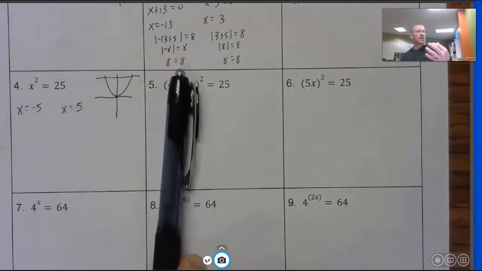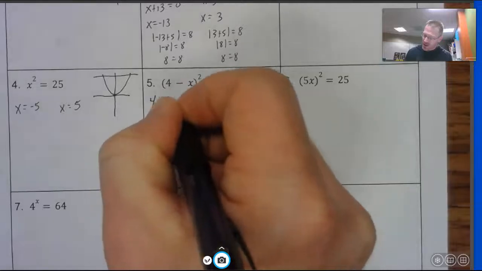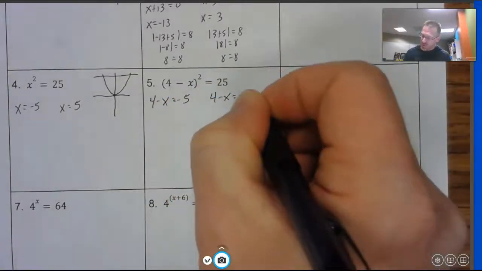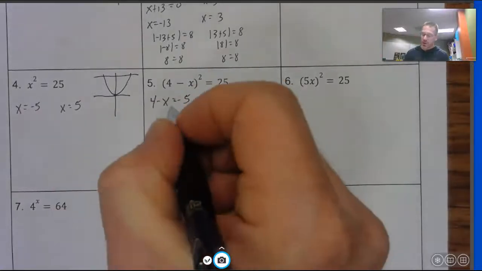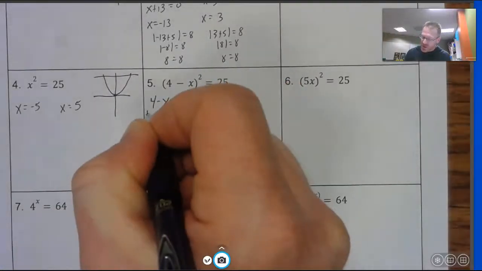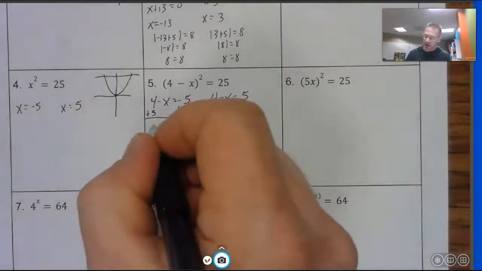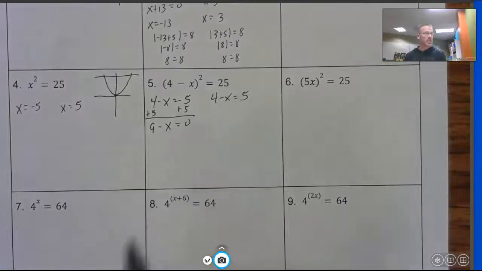But notice what's changing is what is equal to negative 5. 4 minus x is equal to negative 5, right? 4 minus x is equal to positive 5. All right, so let's get this equal to 0. So I'm going to add 5 here. Now remember, number to number. So even though the number isn't second this time, I've got to find it, right? 4 plus 5 is 9. So 9 minus x is 0. 9 minus what is 0?